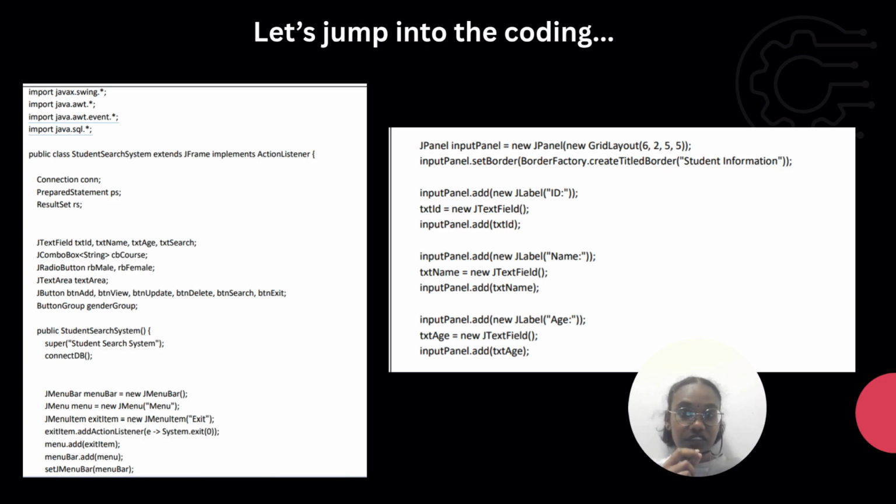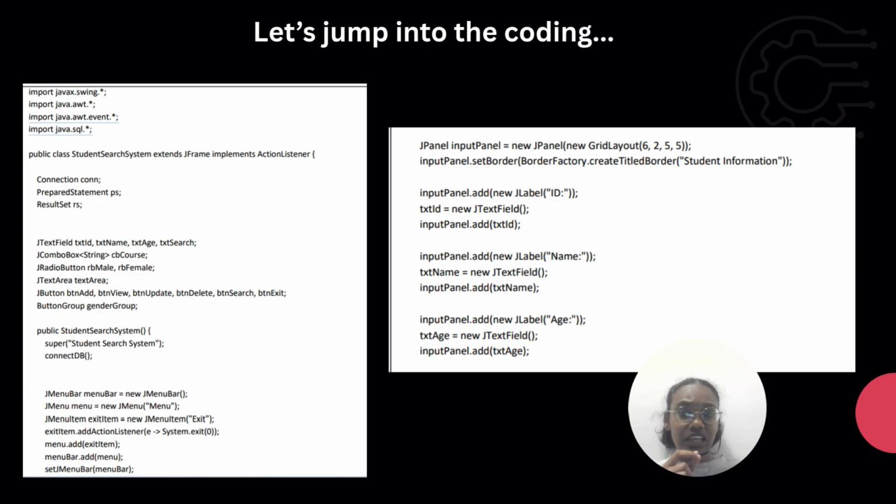We also declare variables for the database connection, prepared statement, result set, and all the GUI components like text fields, combo box, radio buttons, text area, and buttons. Inside the constructor, we set the title of the window and connect to the database. We also create the menu bar with the exit option so the user can close the application easily.